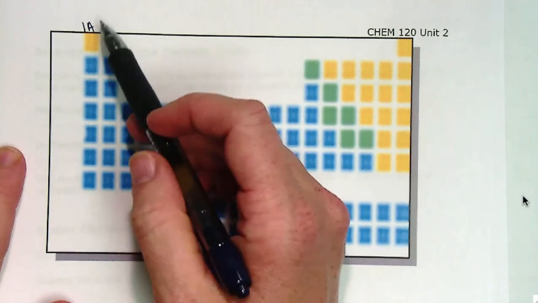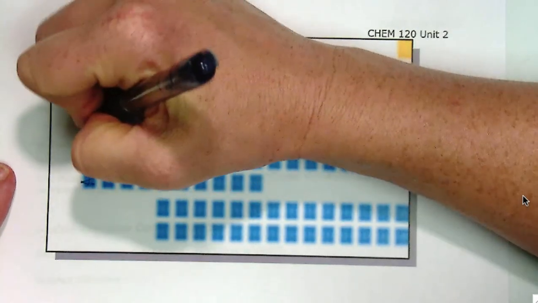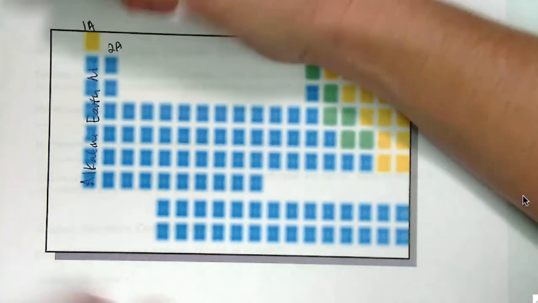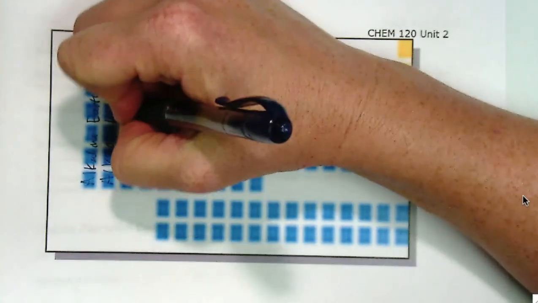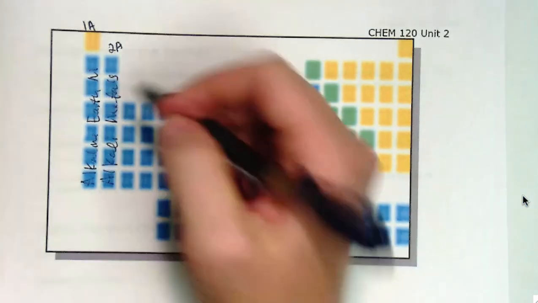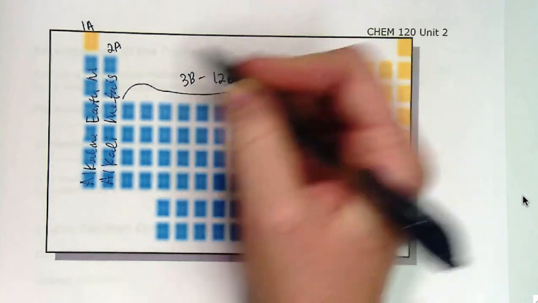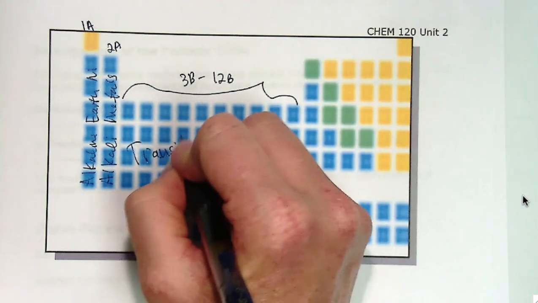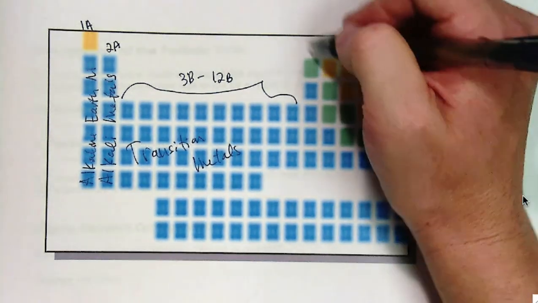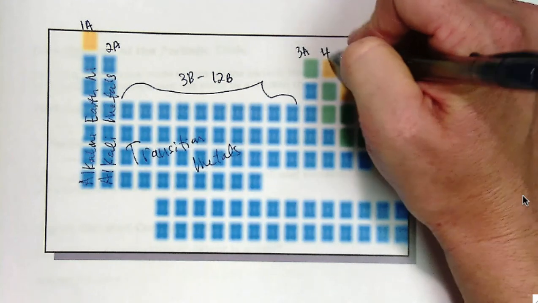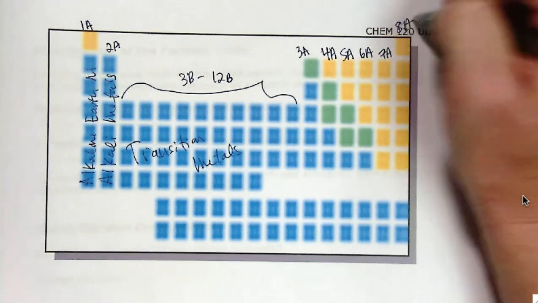Okay, so we have group 1A, group 2A. Group 1A is alkali metals. Group 2A is alkaline earth metals. Then you have here 3B through 12B, transition metals. Over here you have 3A, 4A, 5A, 6A, 7A, 8A.